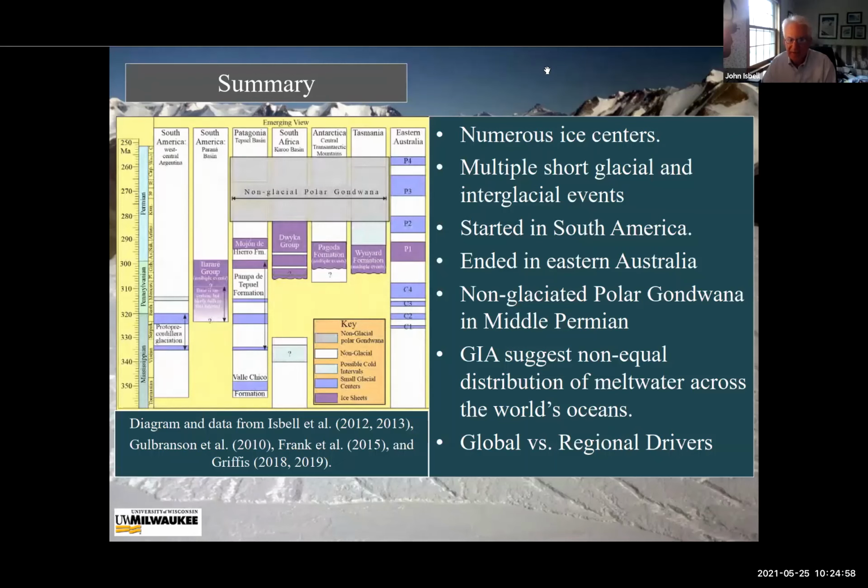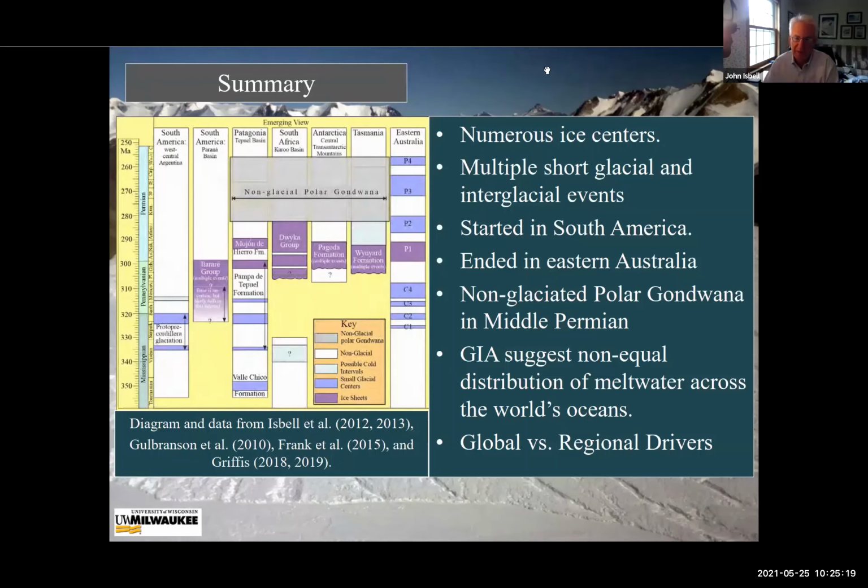That means you could have huge changes depending on where you are and where ice sheets are waxing and waning. I don't think there's much evidence for glaciation in Siberia. I don't see that. I think most of the glaciation is occurring in Gondwana.